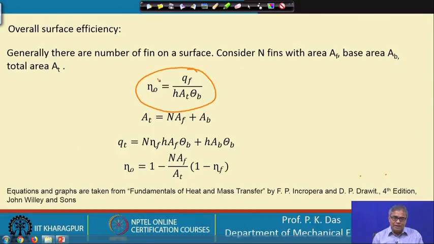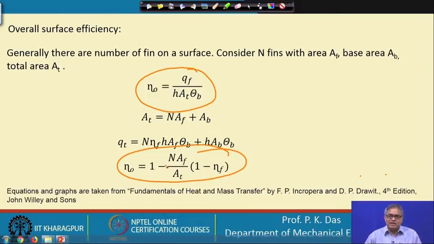So, following the simple analysis which I have given, one can define the overall surface efficiency by this formula. Here you need to know the number of fins, the capital N, the fin area per fin, the fin efficiency, and the total area. With that we can have a surface efficiency.